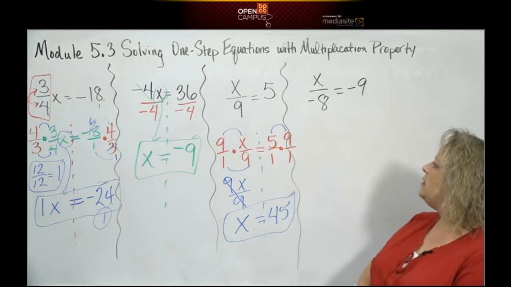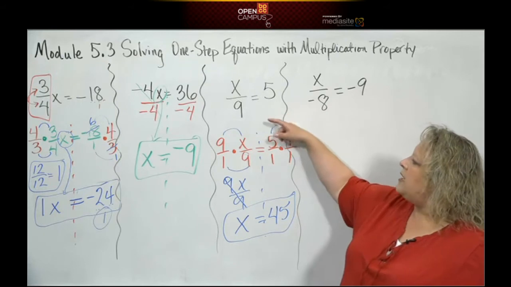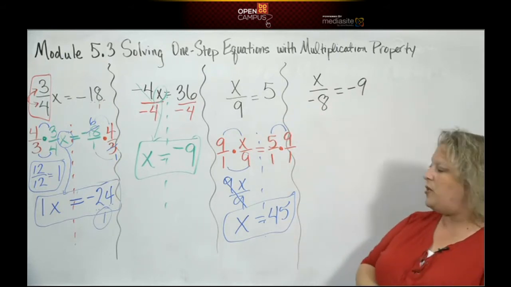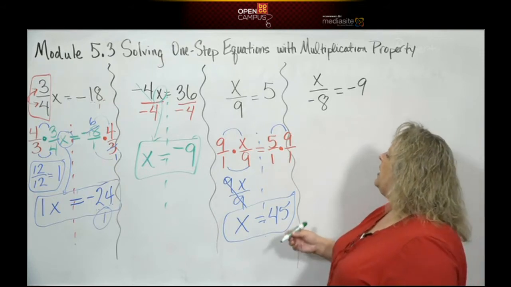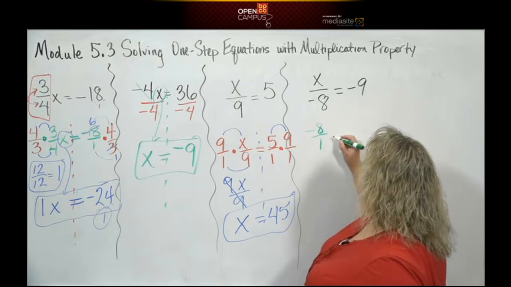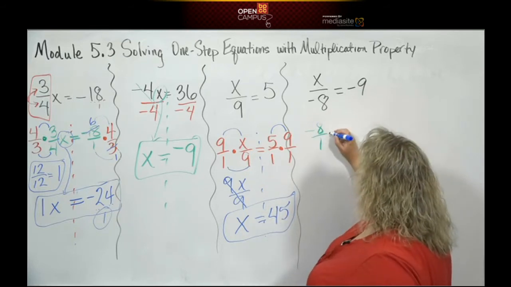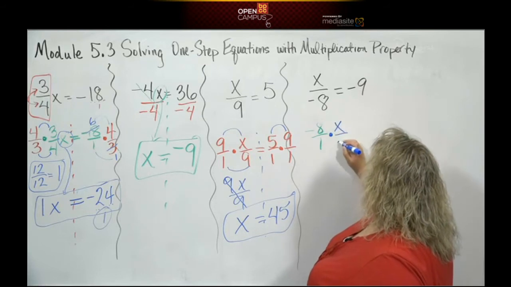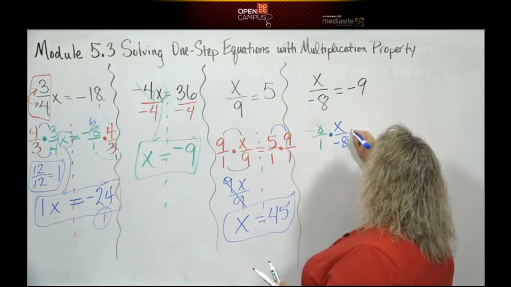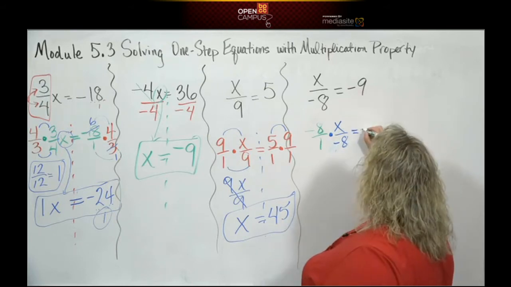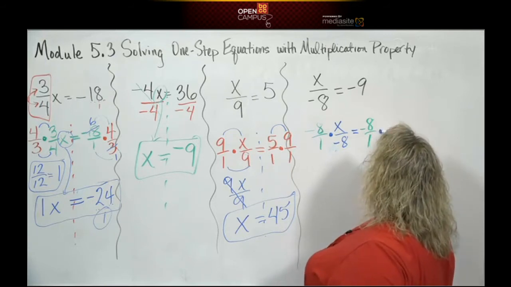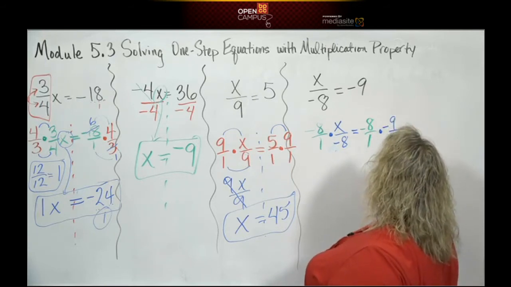All right, let's go to the last one. So the last one is kind of like number 3. It's just I gave you a negative number to practice. So I'm going to multiply by negative 8 over 1. So that's negative 8 over 1, that's what I'm multiplying by, times x over negative 8 is equal to negative 8 over 1, because you got to multiply by the same thing on both sides, times negative 9, and that's understood over 1.